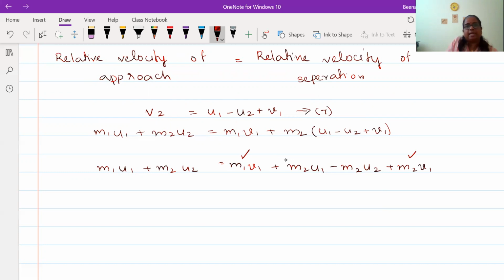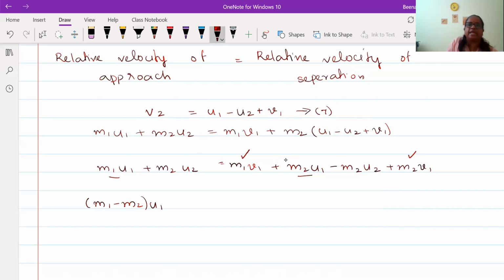Now I'm taking this and this term together and I'll keep U1 outside. So I can write it as M1 minus M2 into U1.